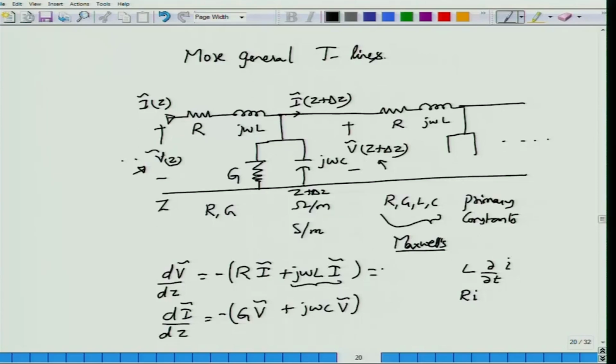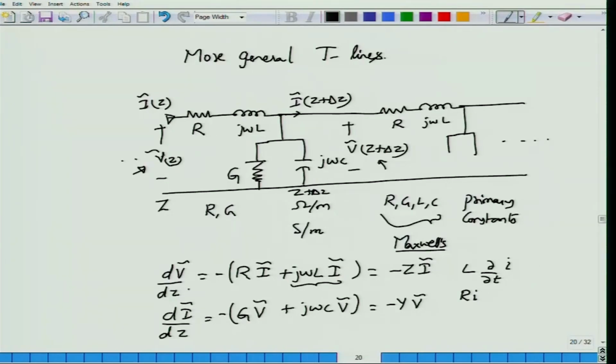I can even simplify this one and also confuse you a little bit by writing this as minus Z into I and writing this as minus Y into V, where clearly Z is given by R plus j omega L, and this is called the series impedance per unit length, and Y is the admittance, which is the series admittance per unit length given by G plus j omega C.